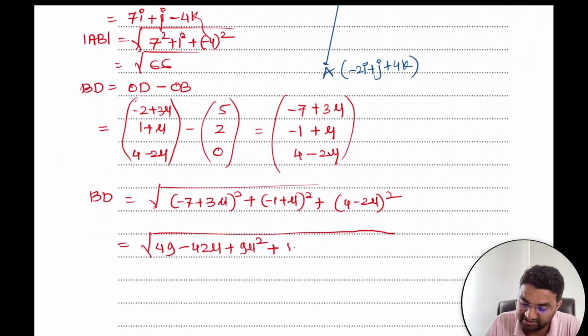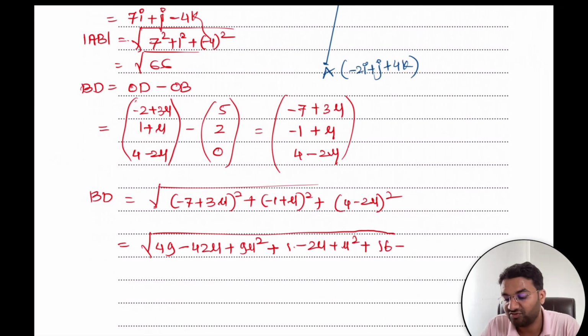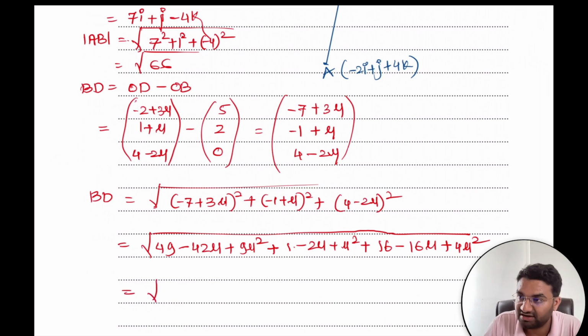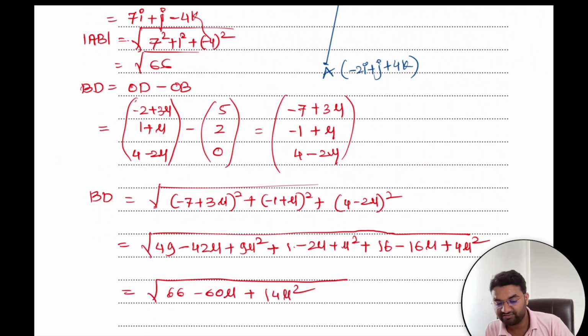Plus 1 minus 2 mu plus mu squared, plus 16 minus 16 mu plus 4 mu squared, isn't it? Then simplifying again, we will get straight away 66 minus 60 mu plus 14 mu squared. This is the modulus of BD.